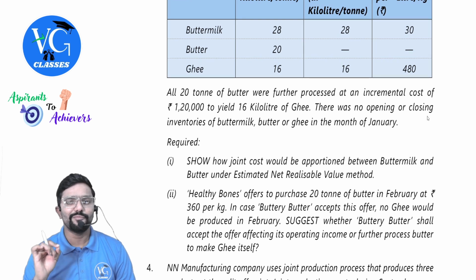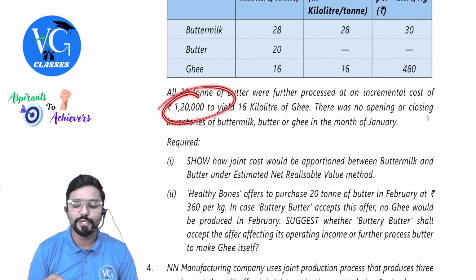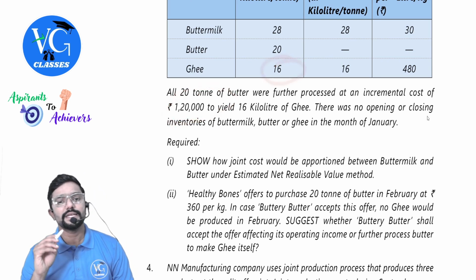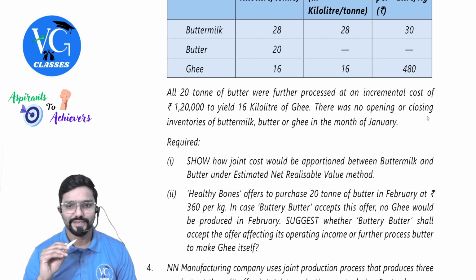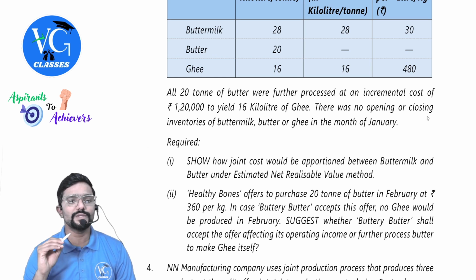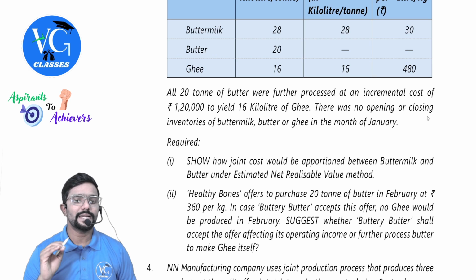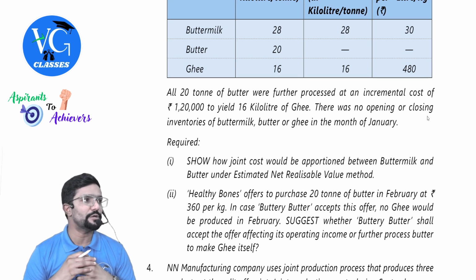All 20 tons of butter were further processed at an incremental cost of 1,20,000 to yield 16 kiloliters of ghee. There was no opening or closing inventory of buttermilk, butter or ghee in the month of January. Required: show how joint cost would be apportioned between buttermilk and butter under the estimated net realizable value method.